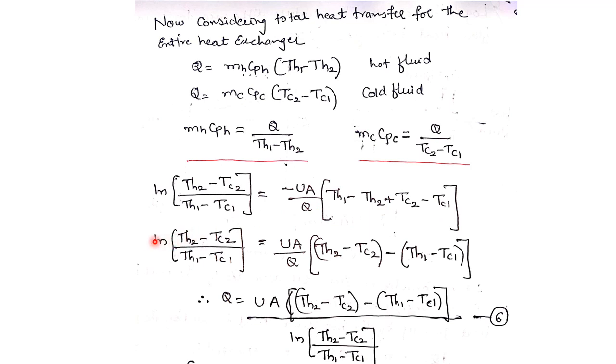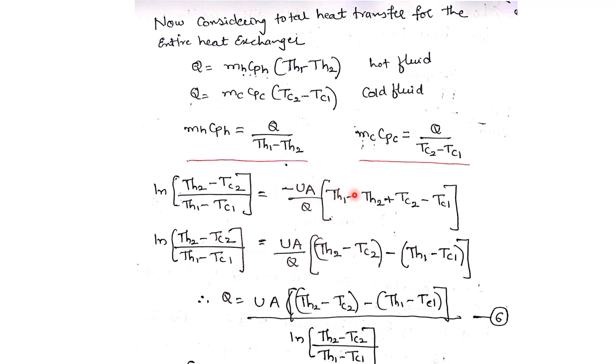Now the next equation, log of the bracket TH2 minus TC2 divided by TH1 minus TC1, the same equation I have written here. Here I will multiply each and every term inside by a minus sign.